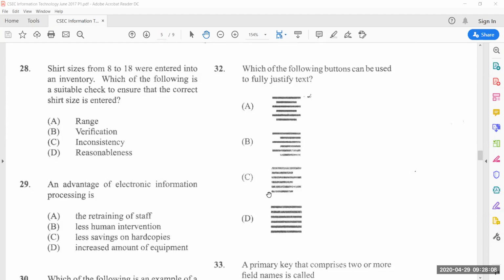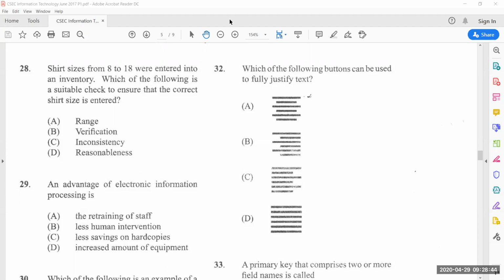Shirt sizes from 8 to 18 were entered into an inventory. Which of the following is a suitable check to ensure that the correct shirt size is entered? Any answers?